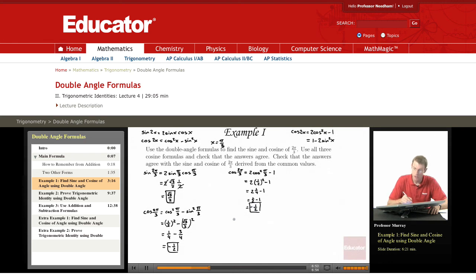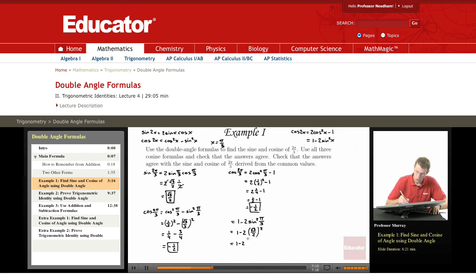And let's use the other version, 1 minus 2 sine squared of pi over 3. We're going to use the last cosine formula there. So that's 1 minus 2 times, now sine of pi over 3, I remember that's a common value, root 3 over 2. So we're going to square that out.